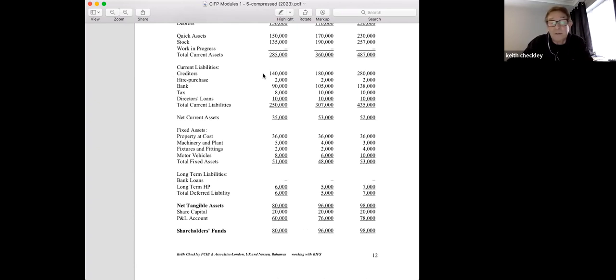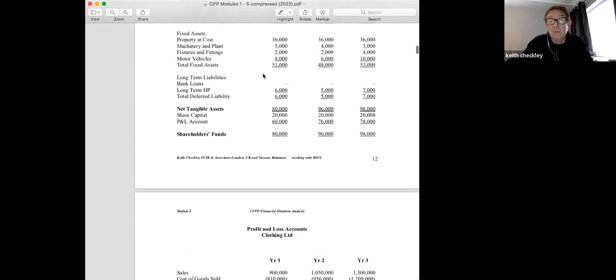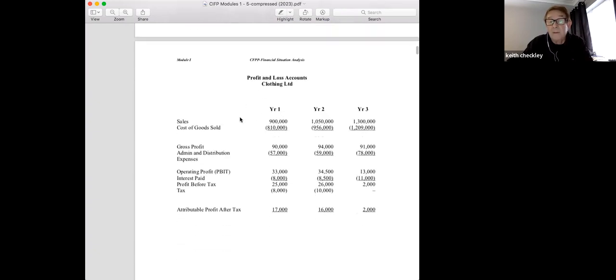You can just cross off the zeros for the moment. You're going to divide 140 by the cost of goods sold, which we'll get from the income statement. And there's the cost of goods sold. Look, in year one, 810,000. So if you can do that, get your result, multiply by 365, and let's see who comes up with the answer.